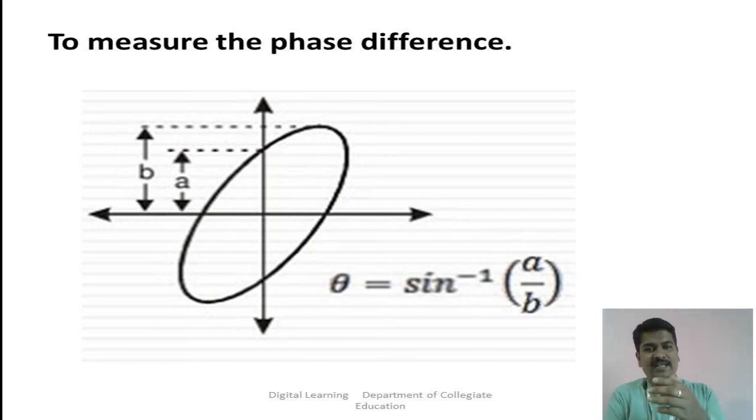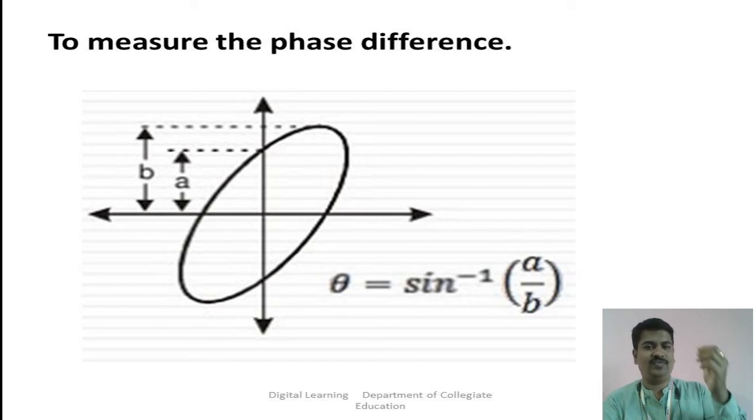After finding the A and B distances along the y-axis, there is a formula to calculate the phase difference between the two waves which we fed to the two channels of the CRO, and that formula is phi equals sine inverse of A by B. It's a very simple equation, very simple calculation.